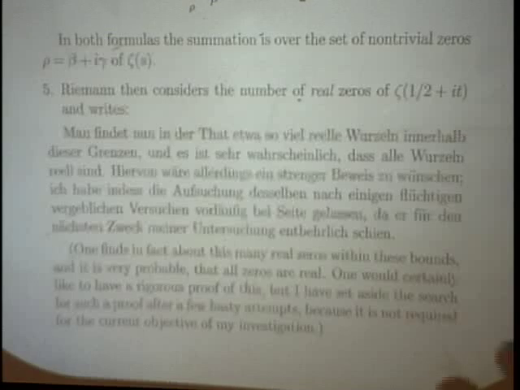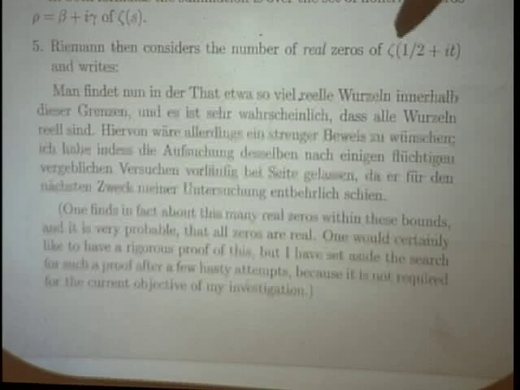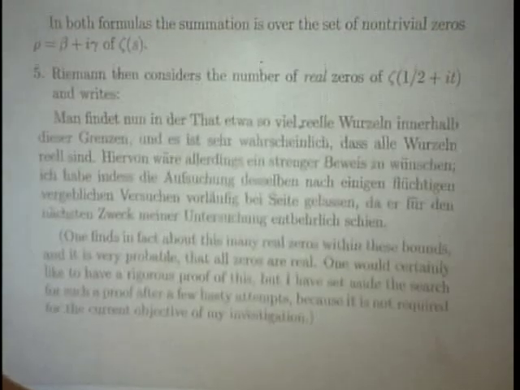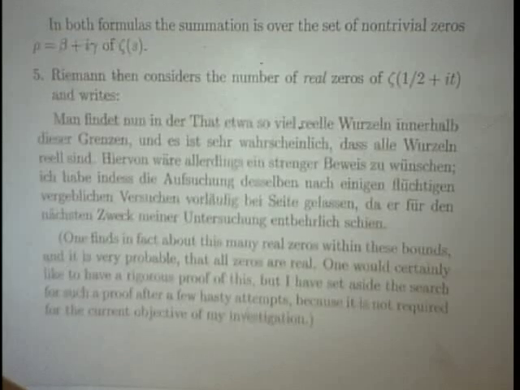He writes, and now this requires a little interpretation. Riemann spoke about the function zeta of 1/2 plus it. The zeros of the zeta function occur in the strip in the complex plane where the real part is between 0 and 1. But if you make this little change of variables, that strip becomes a strip around the real axis.